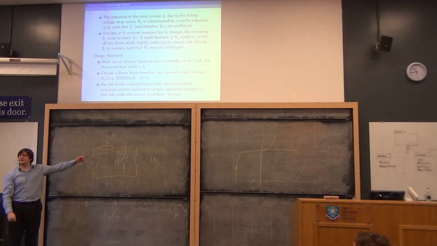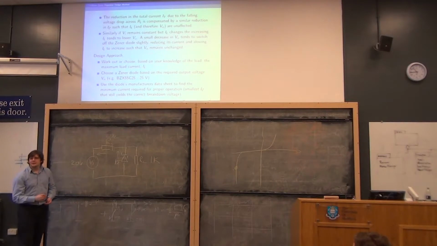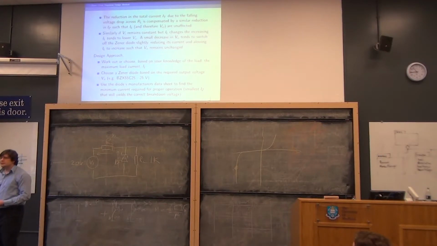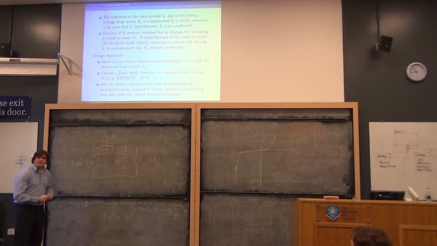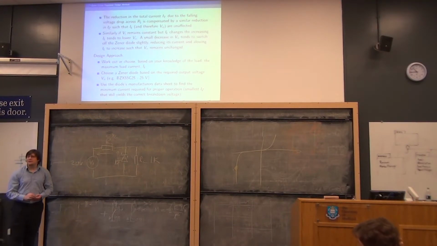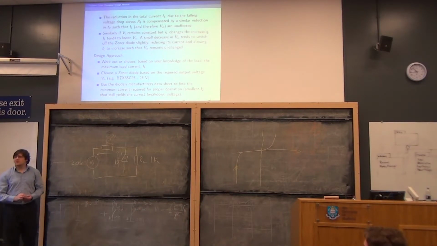What's the current in RS? 20 on one side, 15 on the other. How many volts across it? 5. Can you see it's 5? If you can't see it's 5, you're not doing your tutorial sheets. Right, so how much current then? 5 volts, 10 ohms?